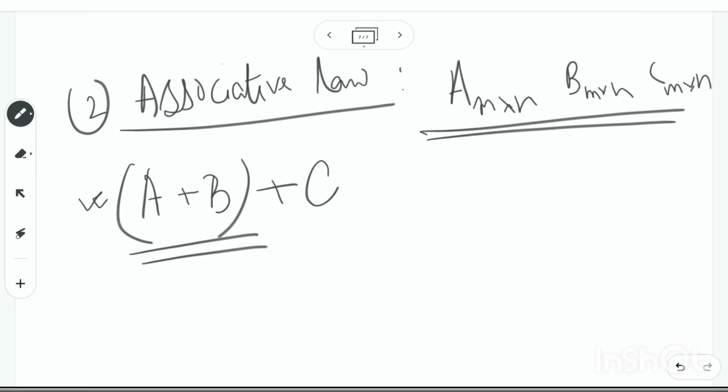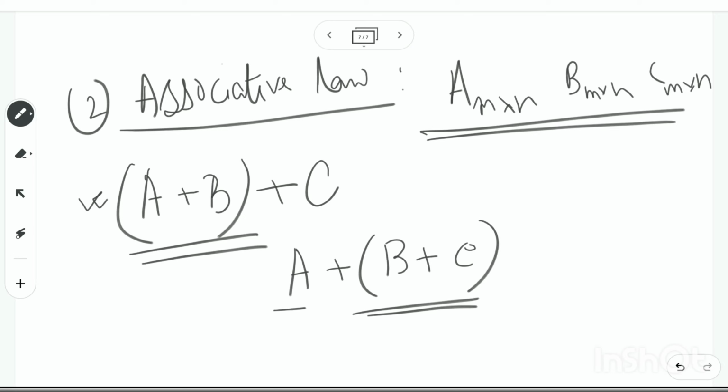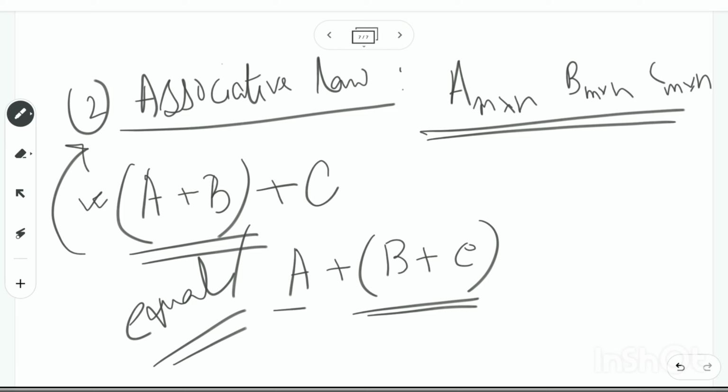In another way, if you add B plus C, and with the resultant matrix of B plus C you add the A matrix, these two are also equal. That is the associative law.